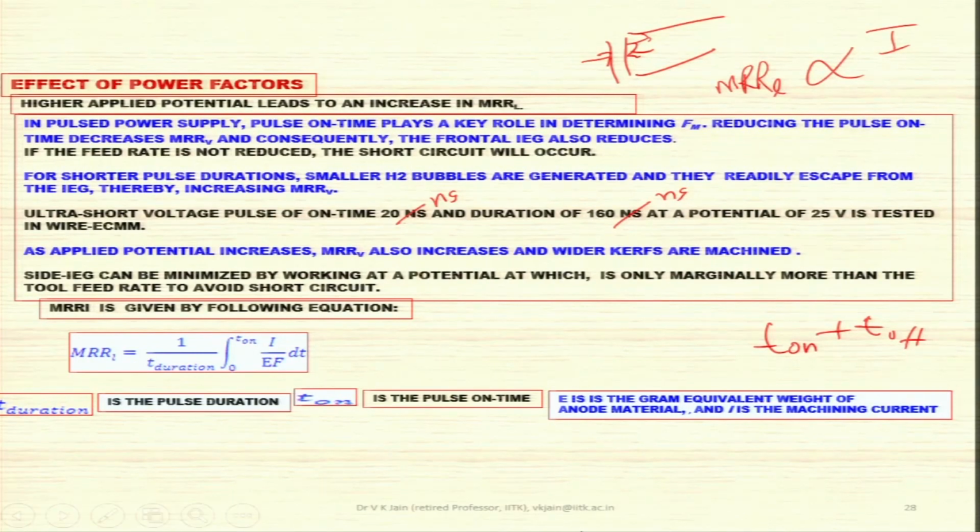T on is the pulse on time, and E is the gram equivalent weight of the anode material.